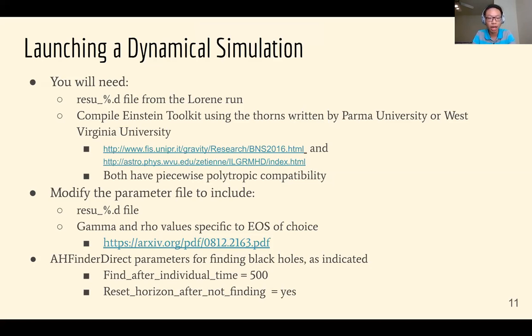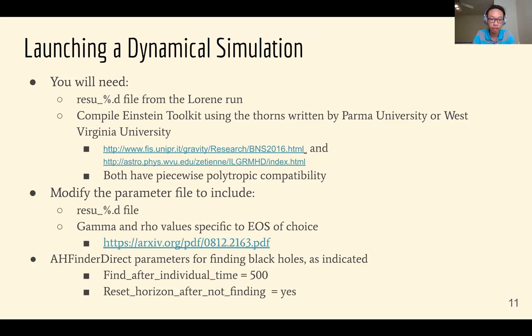First, we compile the Einstein Toolkit, downloaded from the Einstein Toolkit website, plus the thorns written by Parma University or West Virginia University, using the links below, both of which are compatible with piecewise polytropic equations of state.